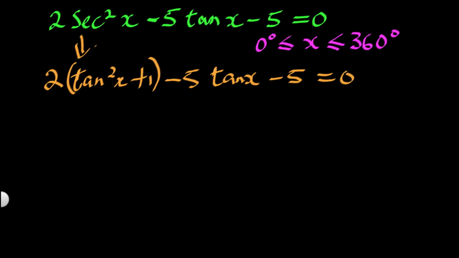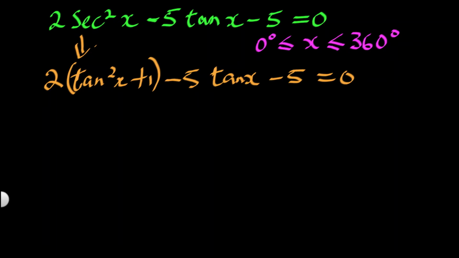This step is very essential and very important because we are now expressing our trig equation in one trig ratio. Whenever you're solving trig equations, you make sure that you express your trig equation in one trig ratio.